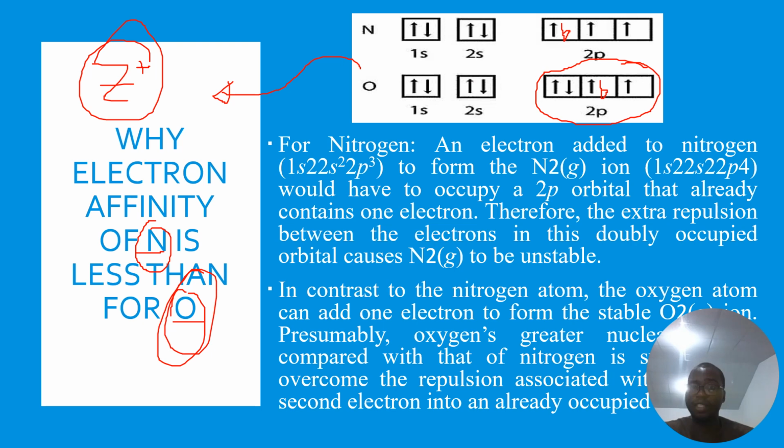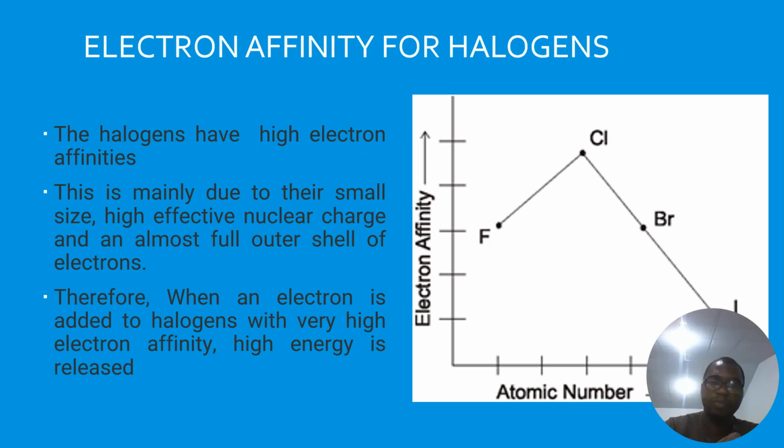Please take note: here, you are not just going to rely on electronic configuration, but you are also going to consider the nuclear charge. So this one is unstable, but the higher nuclear charge is strong enough to overcome the repulsion caused here. Hence, it is going to give us a higher electron affinity. I hope that one is clear.